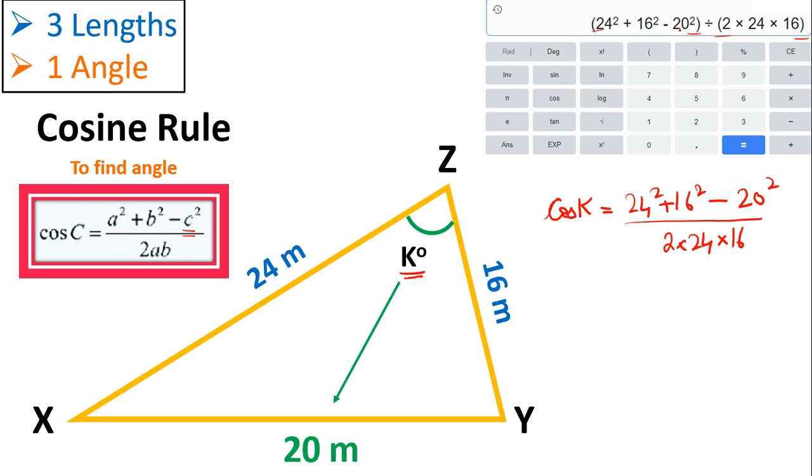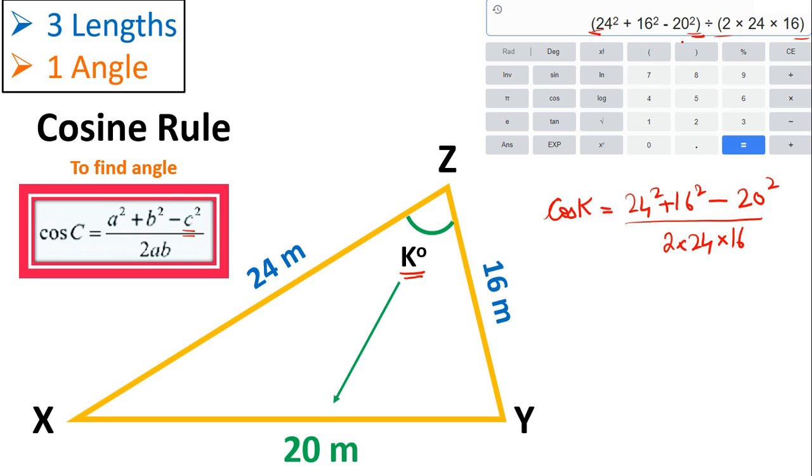In that case, it's going to be 20 squared divided by 2 first, and we don't want that. We want 24, 16, and this negative 20 to be squared and then added and subtracted first, and then divided by 2 times 24 times 16. So we put brackets: inside the bracket I have 24 squared plus 16 squared minus 20 squared, then a division sign, and then another bracket open, 2 times 24 times 16, bracket close.